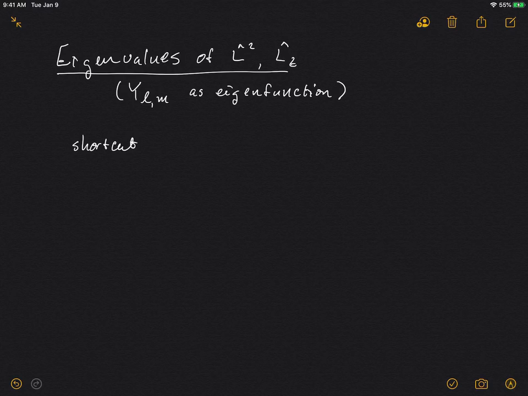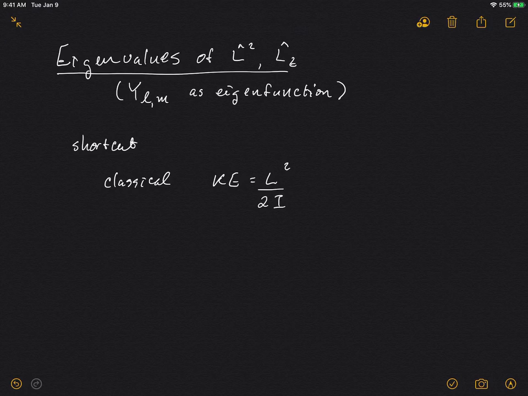The problem has already been solved, in that these are eigenfunctions of the Hamiltonian, and you may recall from classical mechanics that the kinetic energy of a rigid rotor is L squared over 2I, where again, capital I here is the moment of inertia.